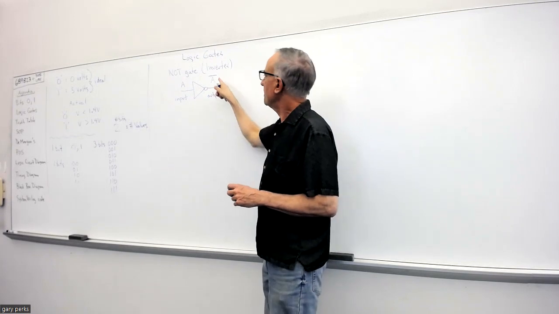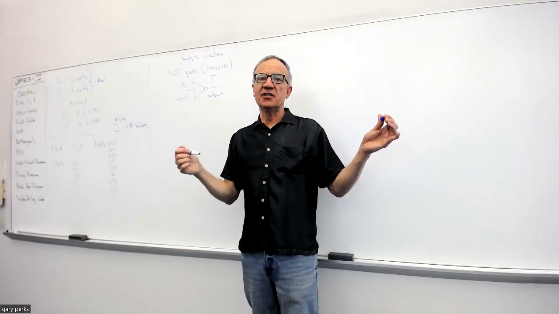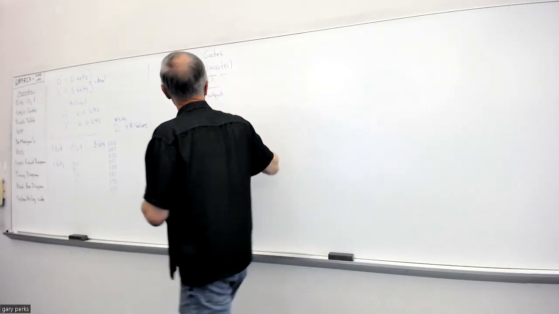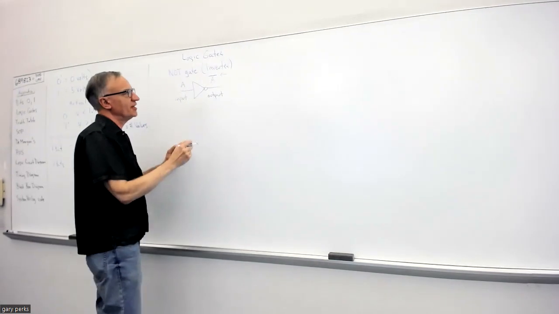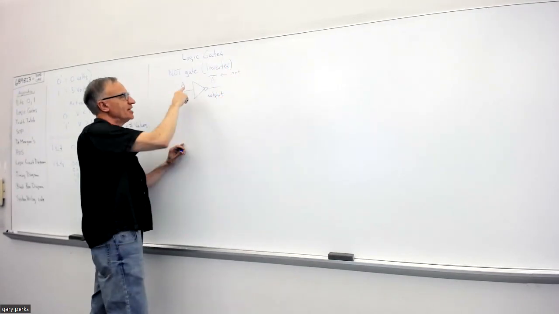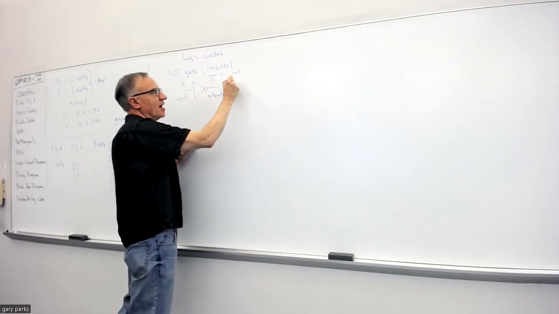This bar is part of the symbols of Boolean algebra. In Boolean algebra, that bar over a variable, whether it's an input or an output, means not. So we would say, input A, output not A, and not means opposite of.